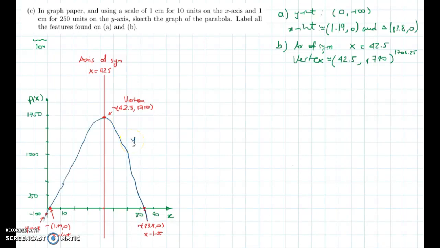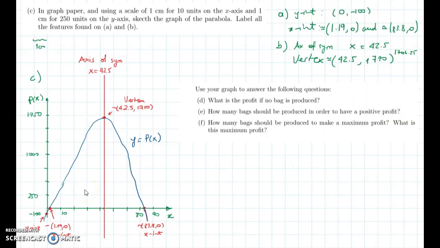And here it goes, y equals p of x. And that was what we were requested to do for part C. Our next goal is to use the graph to answer some questions that bring us back to the small bag factory. And that's what we're going to do in the next video.